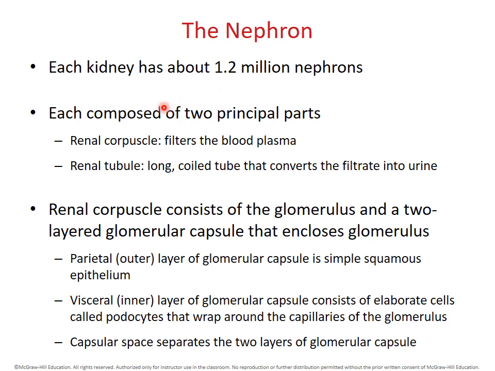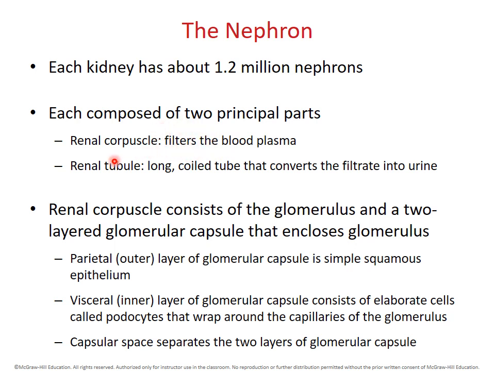Each nephron consists of two major parts, the renal corpuscle and the renal tubules. The renal corpuscle is that first part of the nephron that involves the glomerulus, and this is of course where filtration takes place, as I mentioned.